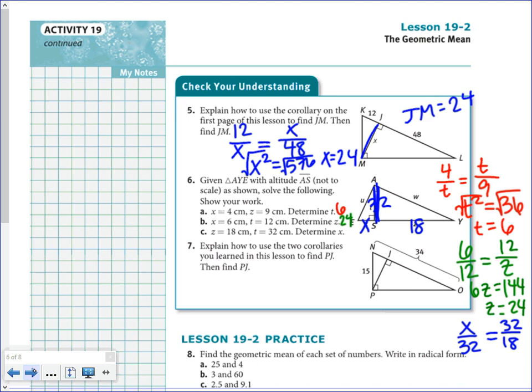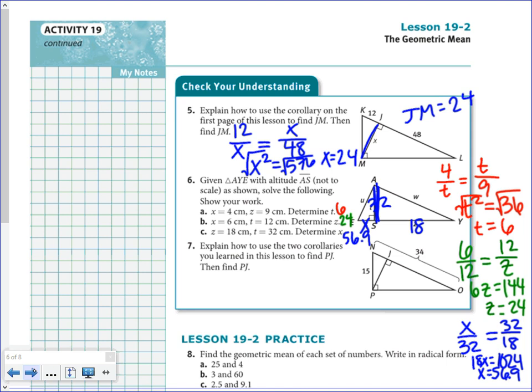So when I cross multiply, I get 18x equals 1024. And if you divide by 18, you should get 56 and 8/9, or if you want to make it a decimal, 56.9. And so that would be the length of x.